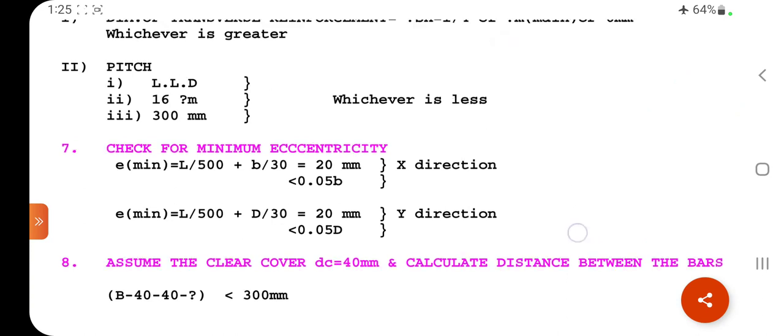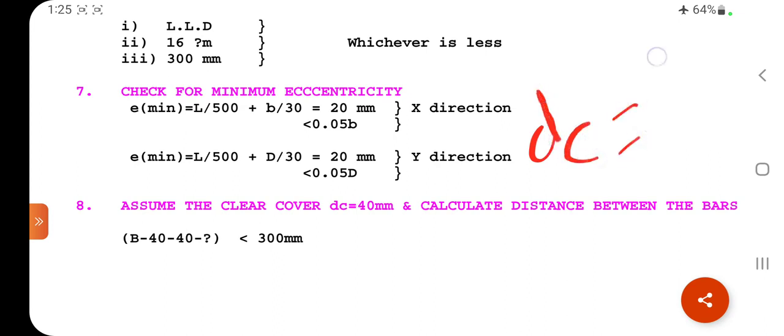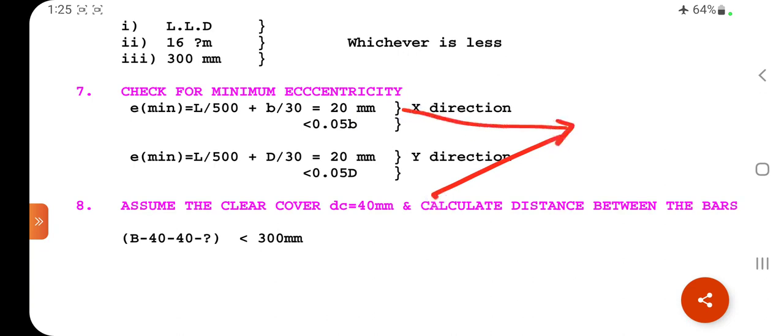Then the next step is to assume the clear cover. The clear cover DC is equal to 40 mm, and after the DC, calculate the distance between the bars, and note that the distance between the bars should not be greater than 300 mm.